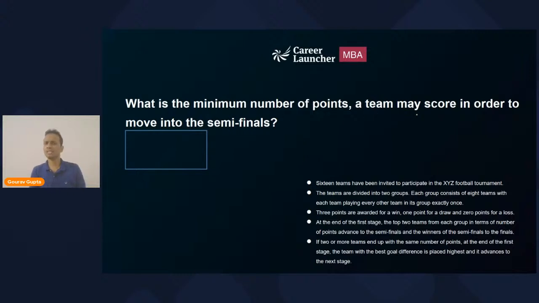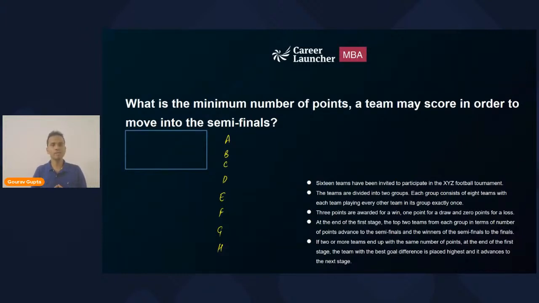Minimum number of points a team may score in order to move into the semifinals, right? So I'll consider the teams A, B, C, D, E, F, G, and H. I know that every team will play exactly one match with every other team. So for every team, there are 7 opponents, so every team has a total of 7 matches.